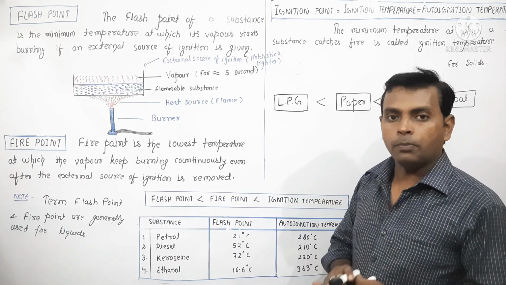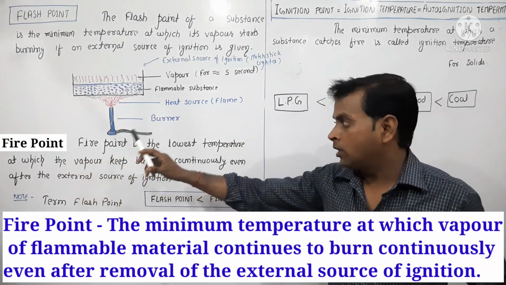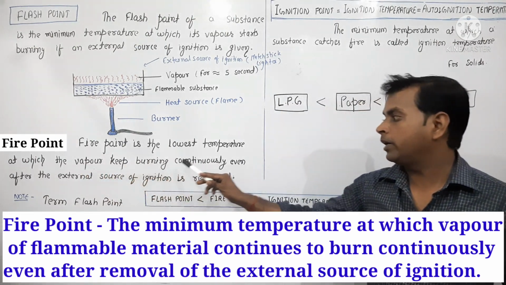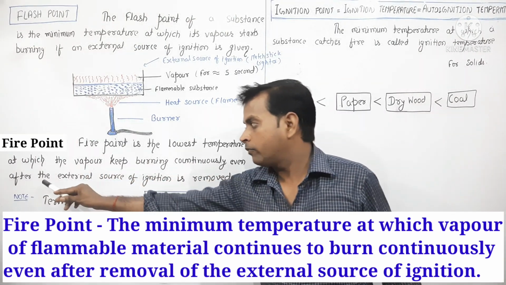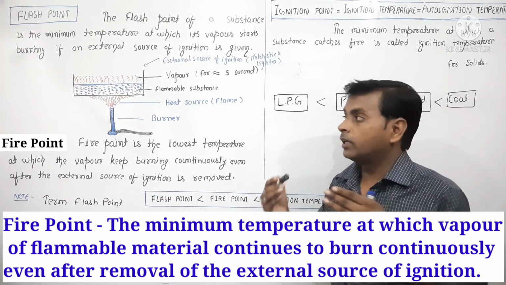Now today's next topic is fire point. What is fire point? Fire point is the lowest temperature at which the vapor keeps burning continuously even after the external source of ignition is removed. What does it mean?